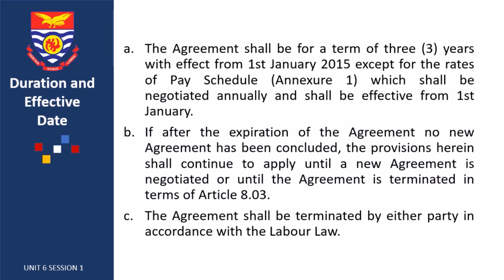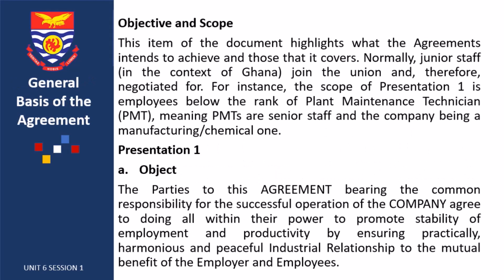So if after the expiration of the agreement a new agreement has not been concluded, the provisions herein shall continue to apply until a new agreement is negotiated, or until the agreement is terminated in terms of Article 8.03. And the agreement shall be terminated by either party in accordance with the labor law.